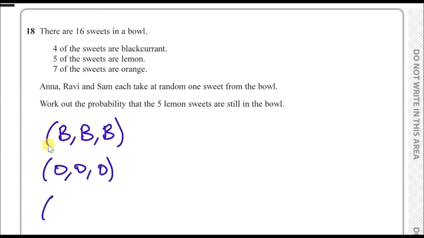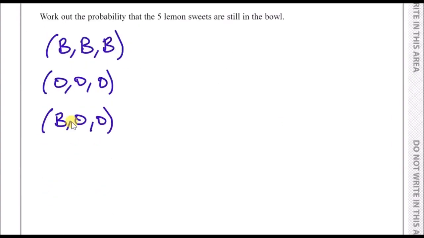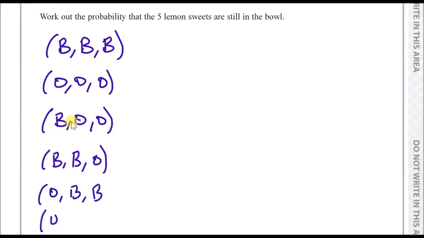You could also take a blackcurrant first, and then 2 oranges. Or a blackcurrant and another blackcurrant, and this time an orange. So what you have to do is literally list all the possibilities and then deal with the probabilities later. Another possibility would be, what have we not done? An orange and 2 blackcurrants, and an orange and another blackcurrant.